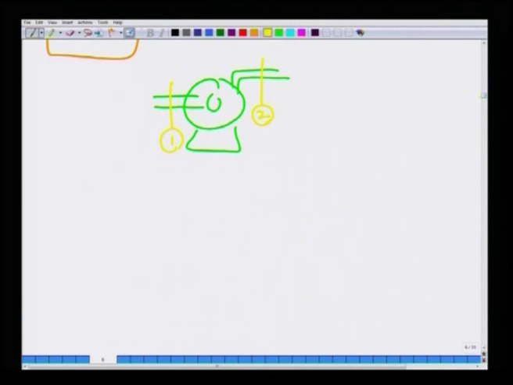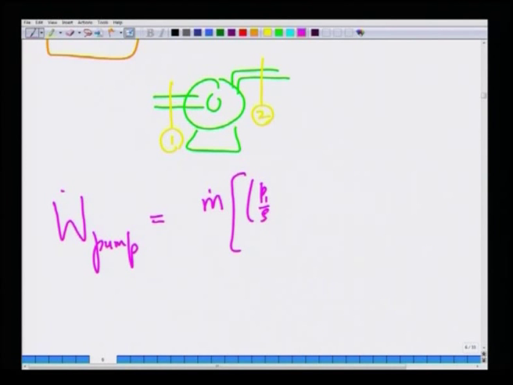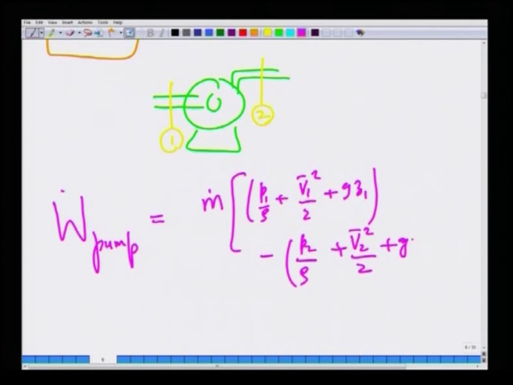So, the rate at which the pump does work, W dot pump, is m dot times (P1 by rho plus V1 squared by 2 plus g Z1) minus (P2 by rho plus V2 squared by 2 plus g Z2). Here m dot is the mass flow rate.